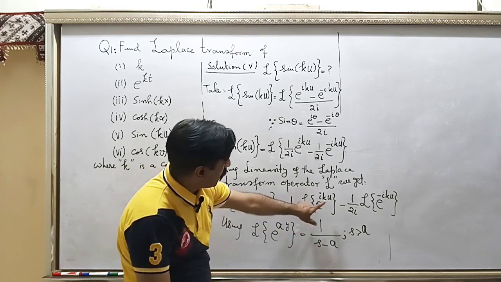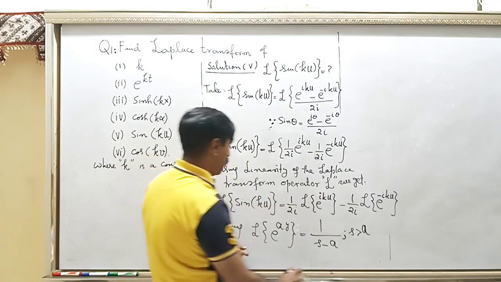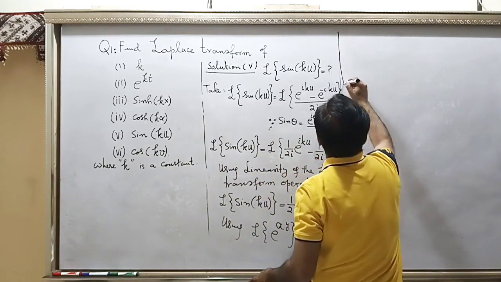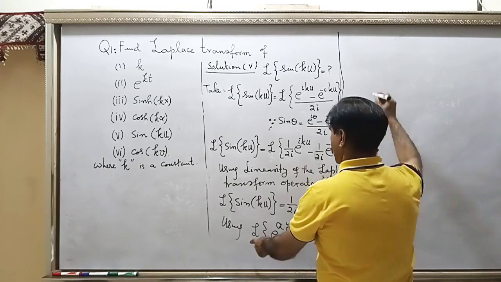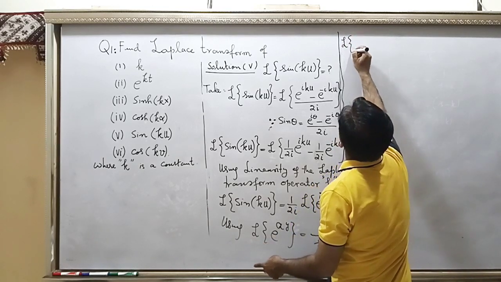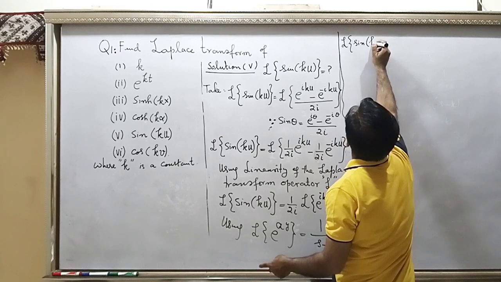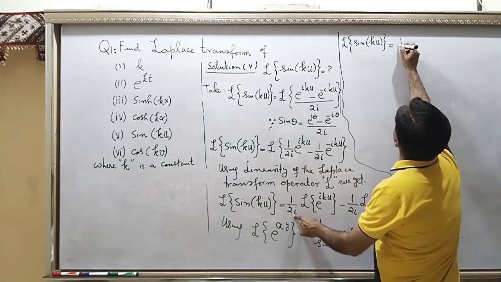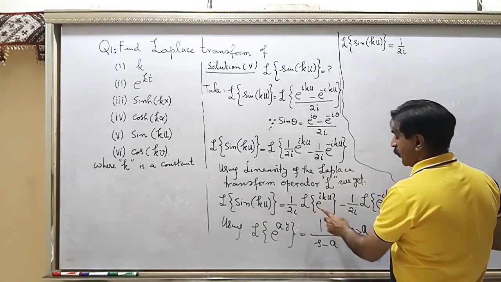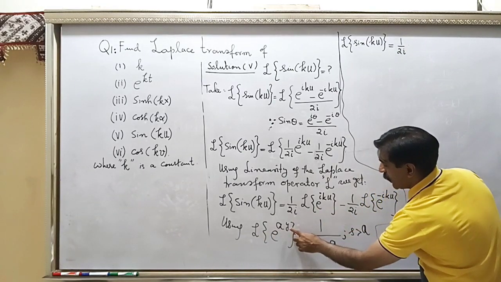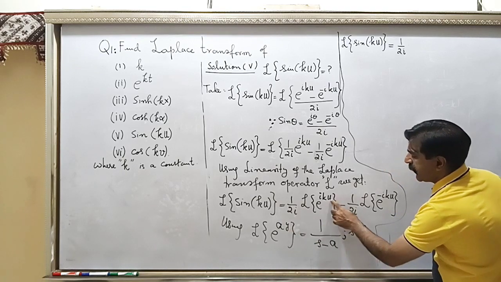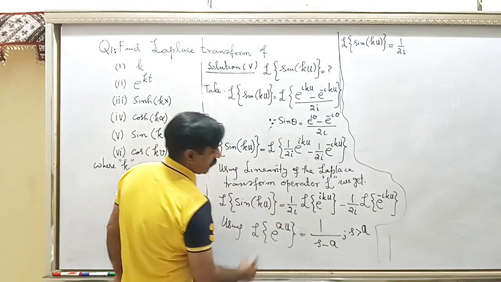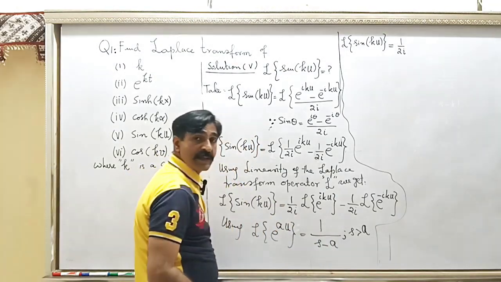So when you use this result here, what will you get? Laplace transform of sine of ku is equal to this 1 over 2i. And for this, your variable y, you can also write the variable u here, right? Because this u does not appear in the final result.